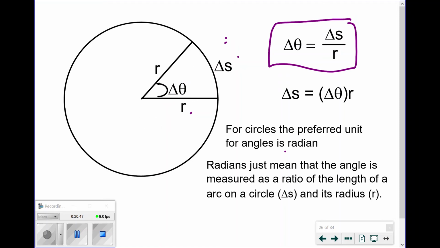Again, the unit that we're talking about here is called a radian, or rad for short. Okay, and a radian is again just a ratio of the arc length to the radius and nothing else.